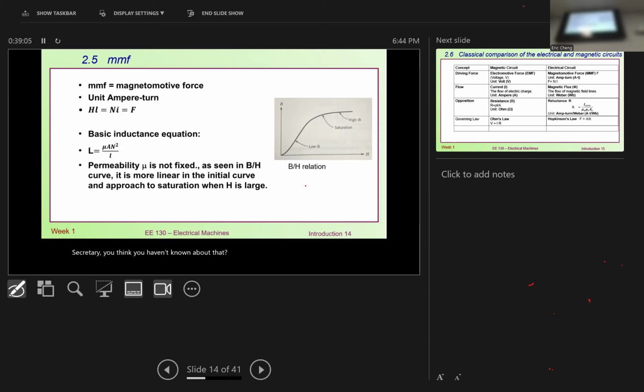In the first lecture, I just give a few equations to check how much you understand, and then adjust the later lectures accordingly. I can also provide some material so that you understand more about it. MMF is sometimes given the symbol F, the force, the input magnetic voltage to the system.